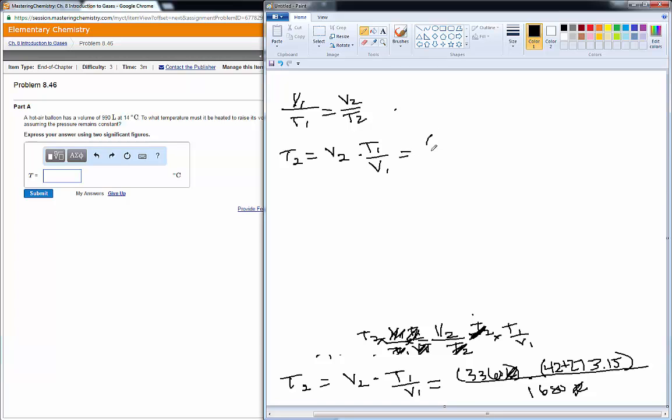So final volume that they want, 1,300 liters. And initial temperature is 14 degrees Celsius. Have to convert that to Kelvin. And initial volume, 990 liters.